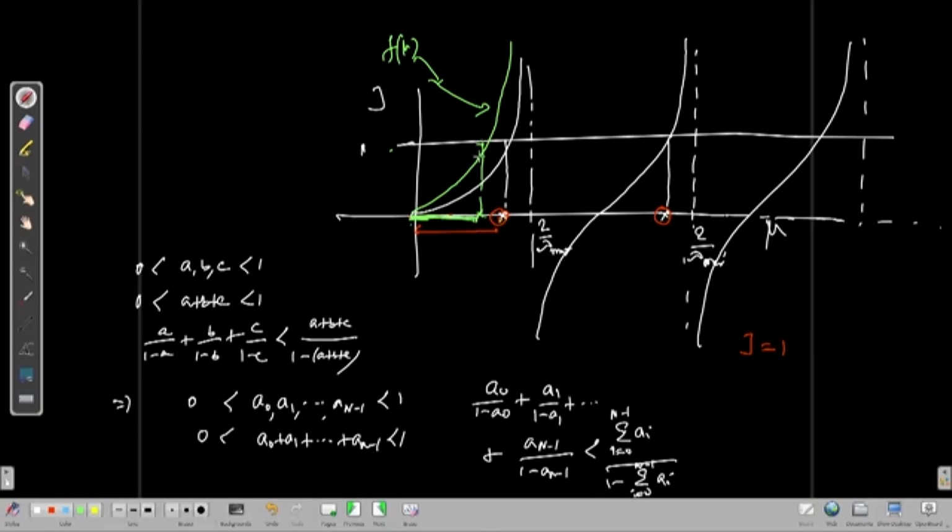So, what is this point? This point is when f of mu, this curve, equals 1, and what was f of mu?